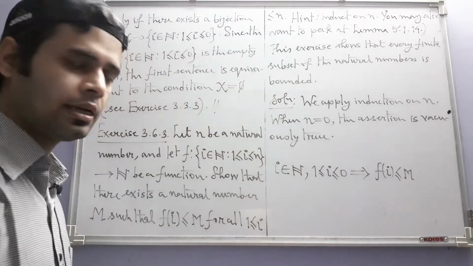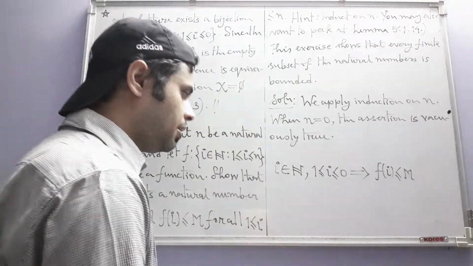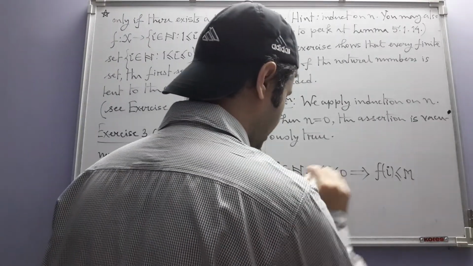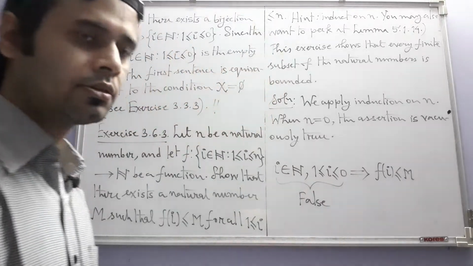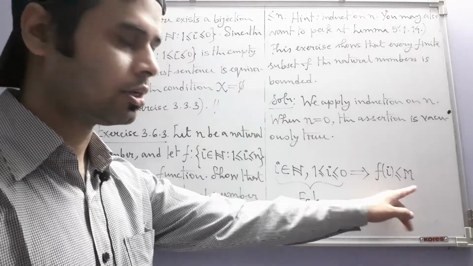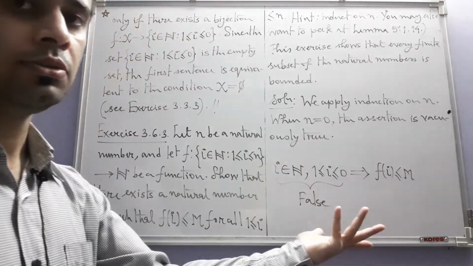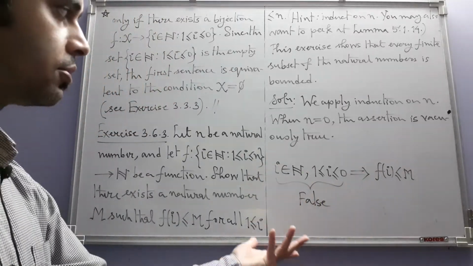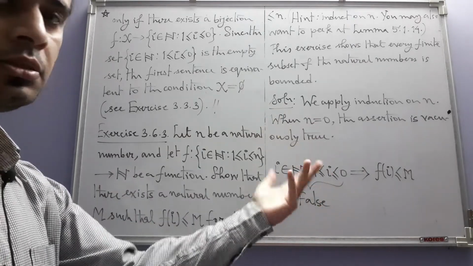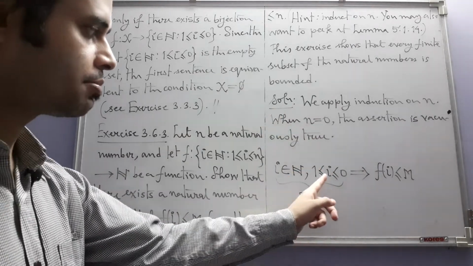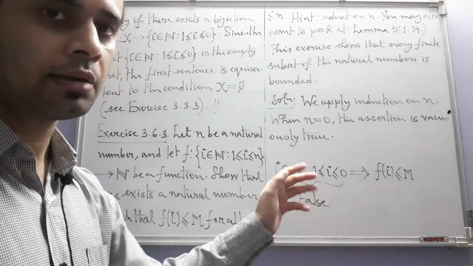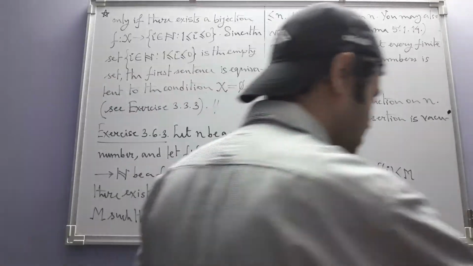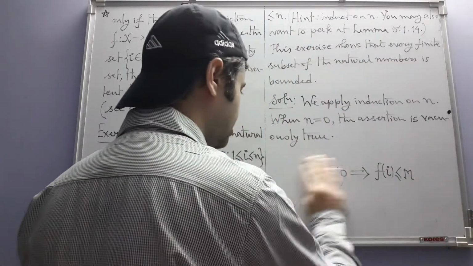So this is the assertion, and this is an implication where the hypothesis is false. So regardless of the conclusion, the statement is true and it's vacuously true. So that's why we are saying in this case it is vacuously true. This is false because no natural number satisfies both these inequalities simultaneously, and that is the basis for our induction.